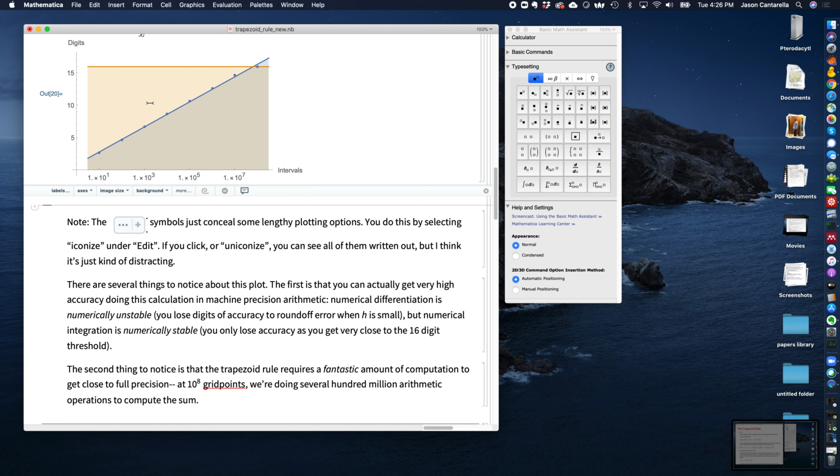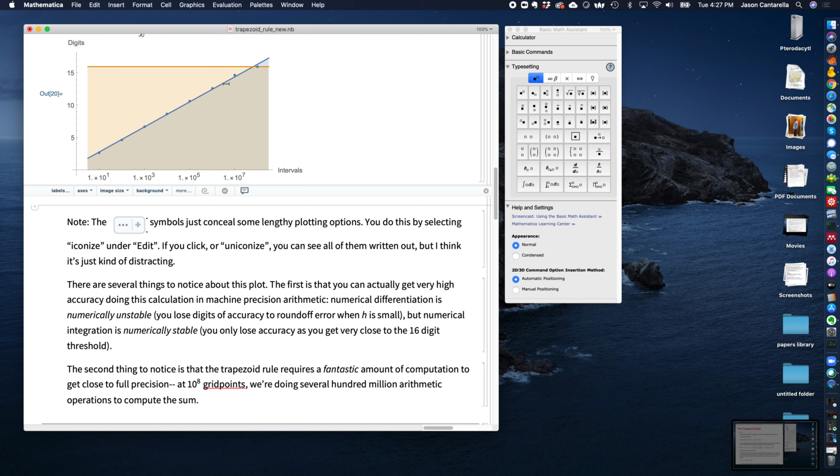These are all values of sine between 0 and pi over 2, so we're summing a bunch of positive numbers. Of course, eventually, if you sum a very large number of positive numbers, you can get round-off error from the sum. But even at 10 to the 8th things in the sum, 100 million, it's still not a problem, as you can see from the digits here.